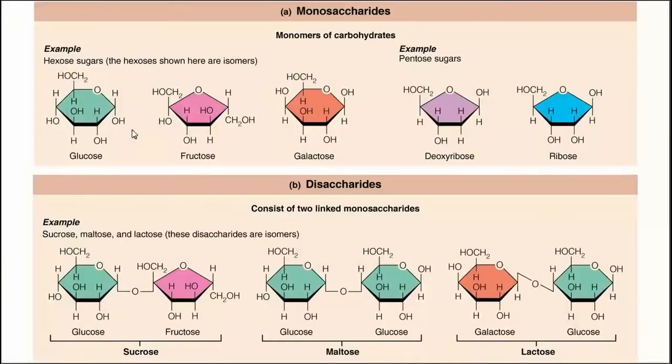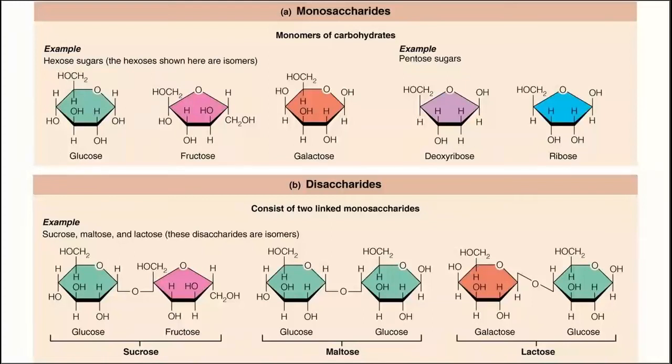So our carbohydrates are built from these small ring-shaped sugars that are called monosaccharides. And a couple of examples of those are glucose. Glucose is a monosaccharide. Fructose, which is fruit sugar, galactose, and ribose and deoxyribose, which are important in DNA and RNA, which we'll see in a few minutes here.